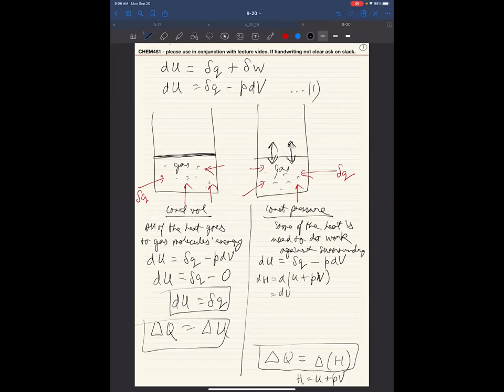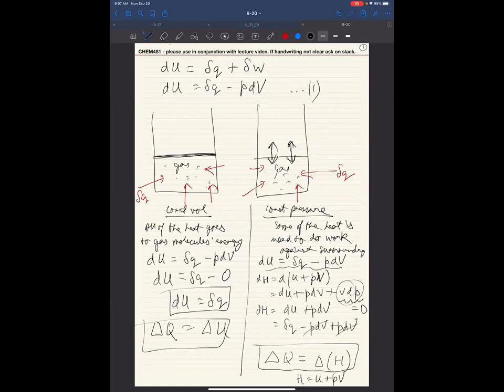And that is dU plus PdV plus VdP. It's a constant pressure process, so this one is going to be 0. So dH is equal to dU plus PdV. And now we can use the first law of thermodynamics. dU is equal to delta Q minus PdV.